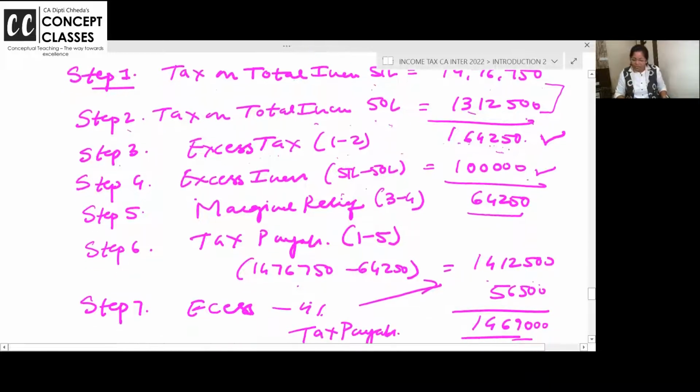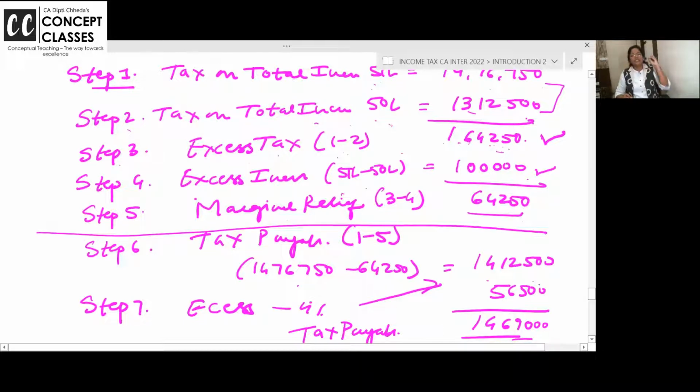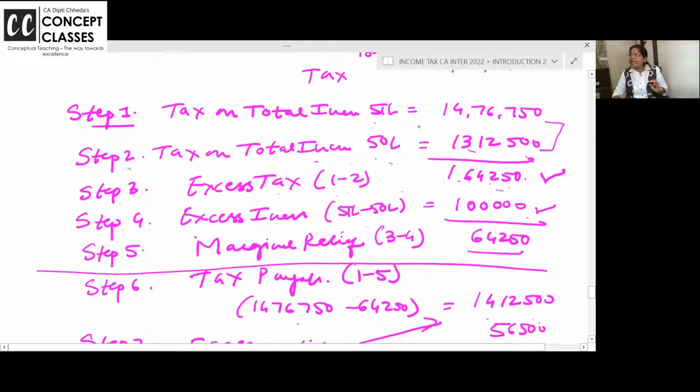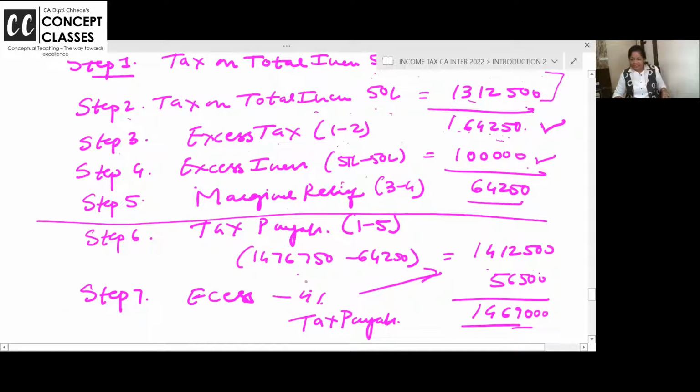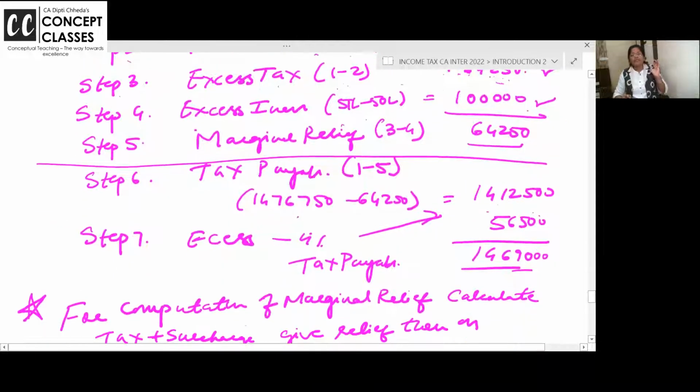Now, after they get the figure of marginal relief, many students leave the problem till here and then say the institute is not giving me 5 out of 5. Why? What is your tax payable on 51 lakhs? 14 lakh 76,750 minus marginal relief 64,250. So what is your final tax payable? 14 lakh 12,500.